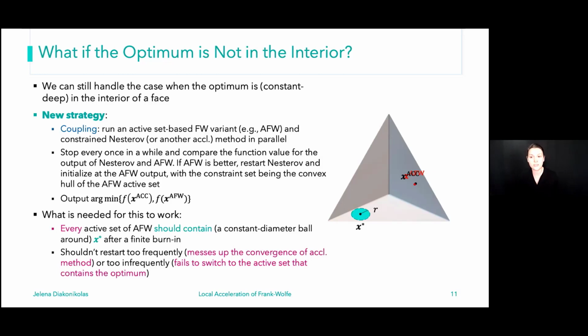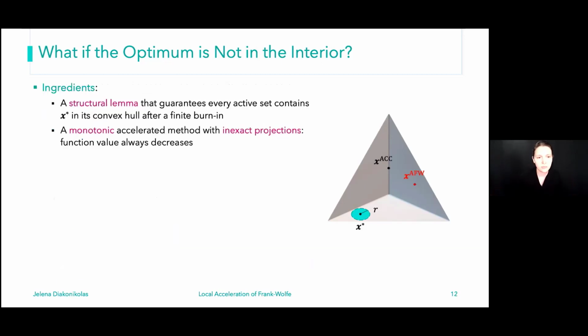So this requires technical work, because if you restart too often, you can actually mess up the convergence of Nesterov. You need a sufficient number of iterations to actually get the contraction that you need. But you also don't want to do it too infrequently, because then you may fail to switch to a good feasible set. So that's where most technical work happens.